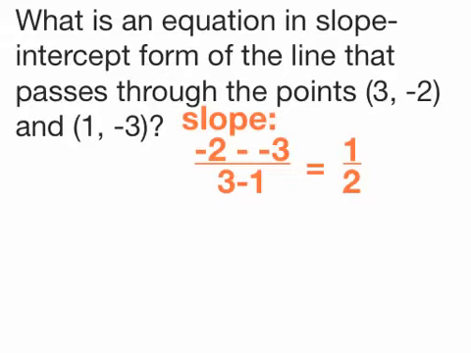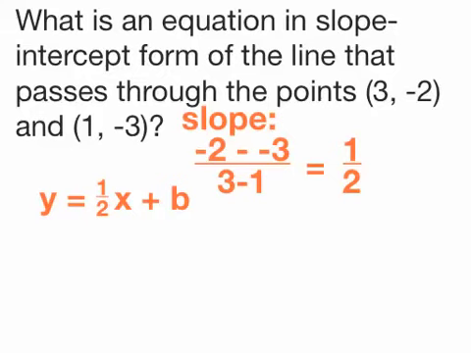Just like in the last example, I'm going to say y equals 1/2 x plus b. Remember, multiplying by 1/2 is the same as dividing by 2. So when I go up to look for ordered pairs to plug in for x and for y, I really want an even number for x if I have one.